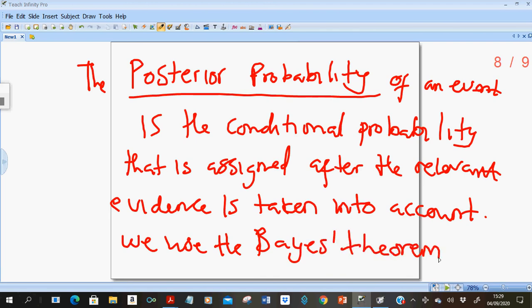Okay, so this is a very interesting theorem. It was discovered by a reverend by the name of Reverend Thomas Bayes. In his investigation, he came up with a theorem. So let's explore this theorem.